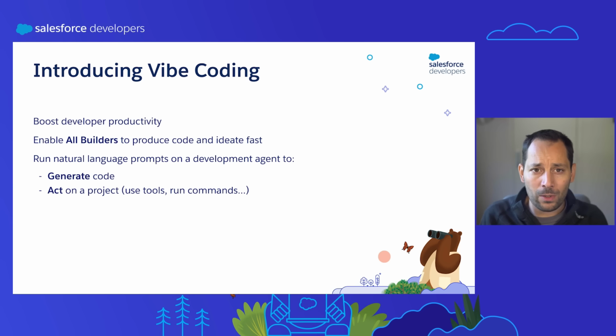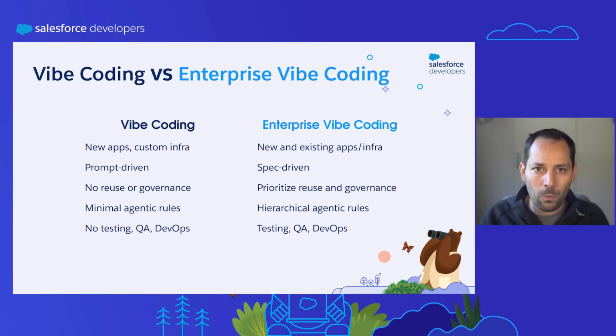And the way it works is that you can run natural language prompts using generative AI and a development agent, and this will let you generate code and act on a project. And what I mean by act is that you can run tools like a CLI or run commands on a project.